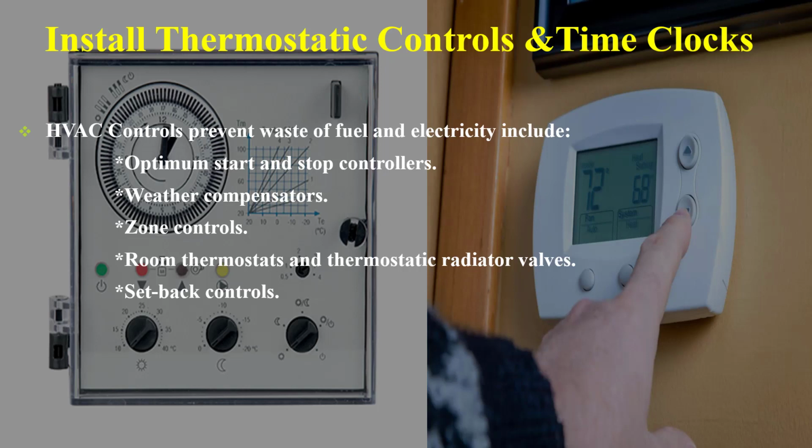Install thermostatic controls and time clocks. HVAC controls that prevent waste of fuel and electricity include optimum start and stop controllers, weather compensators, zone controls, room thermostats and thermostatic radiator valves, setback controls.